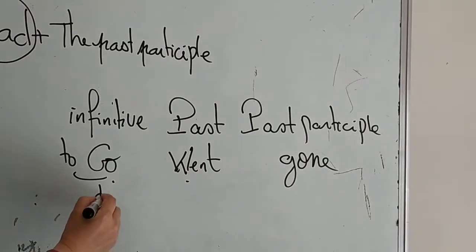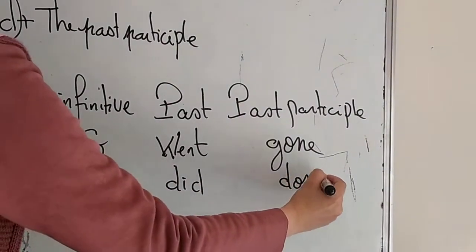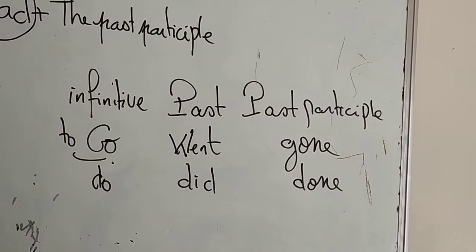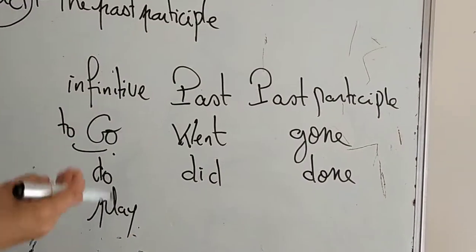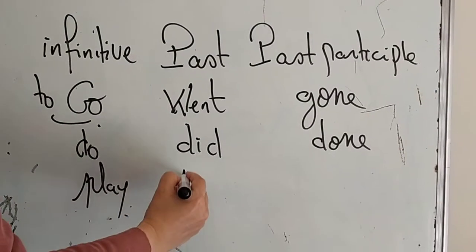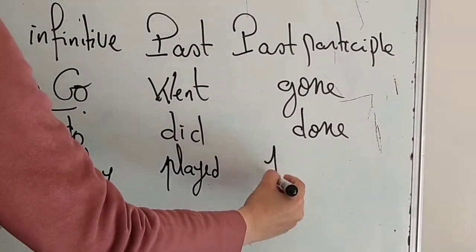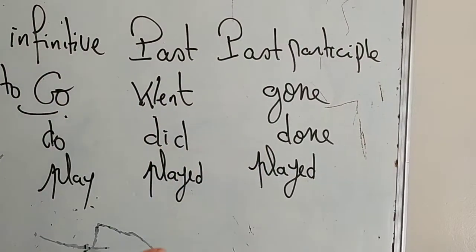Okay, do, did, done. هادو irregular verbs. إلا هضرنا على regular verbs like the verb play, of course the verb play just takes ed in the past, so it becomes played. ونفس الشيء في ال past participle, it becomes played, and that's it.